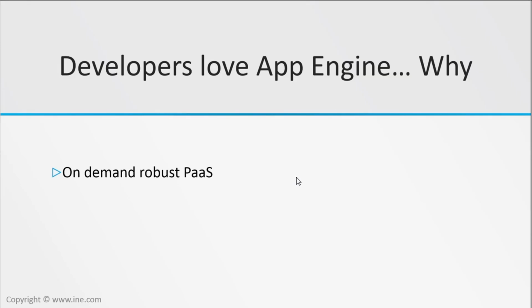Why do developers love App Engine? Well, that's a great question. We're going to talk a lot more about that. It's essentially an on-demand, robust platform as a service, flexible environments to develop in, modify code in, rollout code, QA, whatever you're dreaming of.